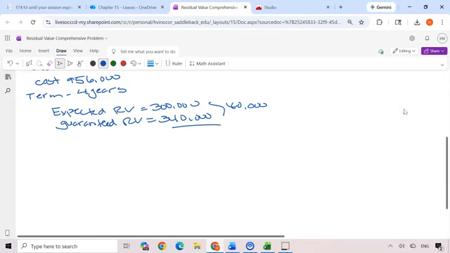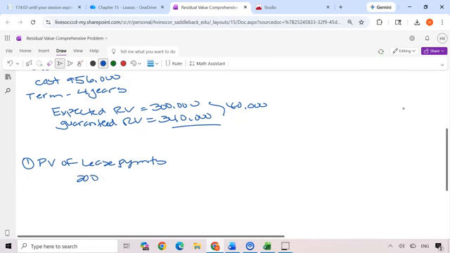Now, let's start doing our calculations. The lease receivable for the lessor is going to be made up of two things. The first is the present value of the lease payments, which equals $200,000, we're told.